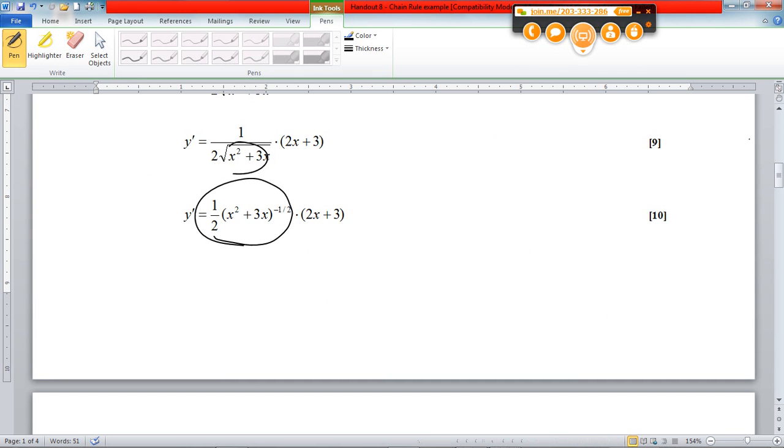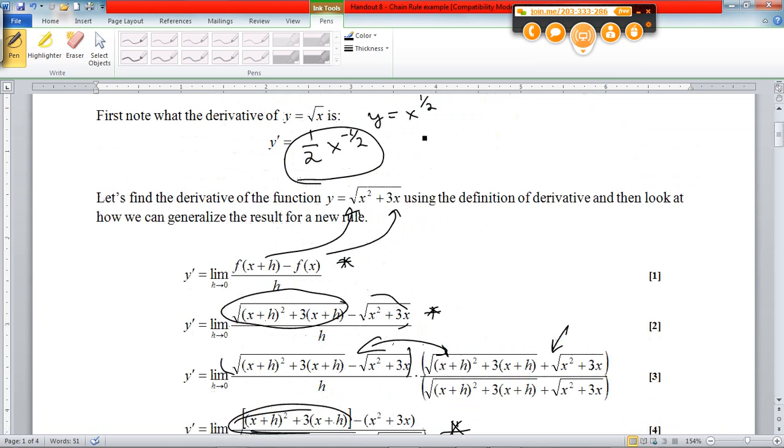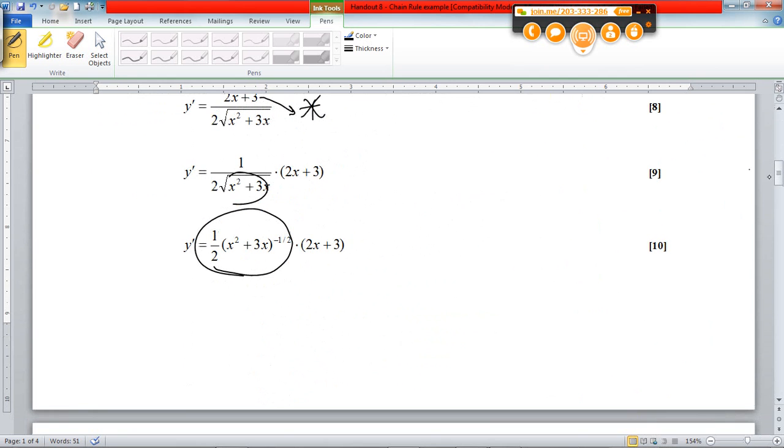The only difference between that and the one on top is here, I started with x to the 1/2. Down here, if you put it in those terms, it would be x squared plus 3x to the 1/2, wouldn't it? So this derivative at the top, isn't it very similar? Got a little extra, but it's very similar to that.